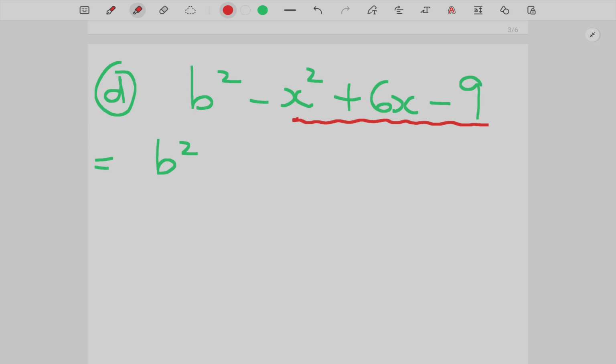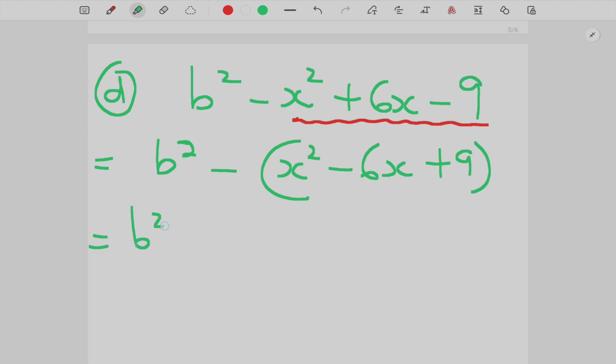In fact it becomes a perfect square trinomial when it's x squared minus 6x plus 9. So how do you get that? You say b squared minus, then you put this thing together in a bracket. Remember it was minus x squared, so it's going to be positive x squared. The positive 6x is going to be negative 6x. The negative 9 is going to be positive 9.